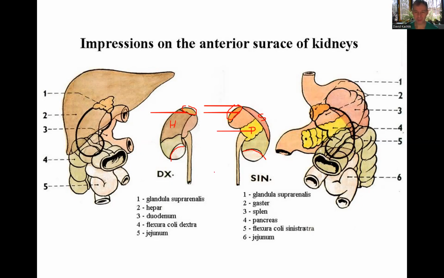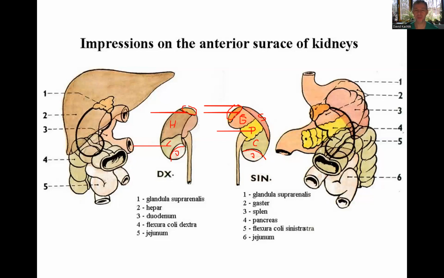And then on the left side, we have to add also stomach, because stomach is on the left side. So gaster. And what is then remaining here is the jejunum and ileum, which is this area here. Sorry, only jejunum here. So the colic flexure is here then above. So the inferior pole is colic flexure and jejunum. The superior pole is suprarenal glands.